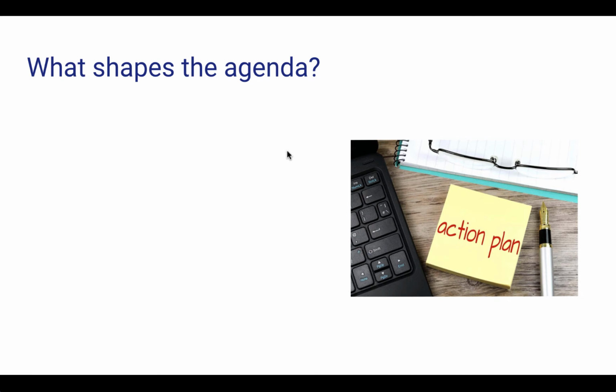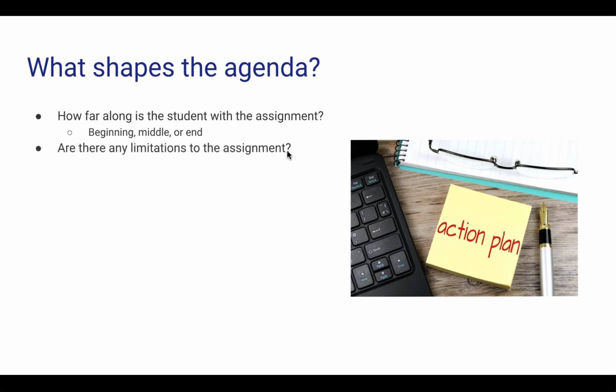How you and the student ultimately spend your time depends on several factors. 1. How far along is the student with the assignment? Are they in the beginning, middle, or final stages? Are there any limitations to the assignment?